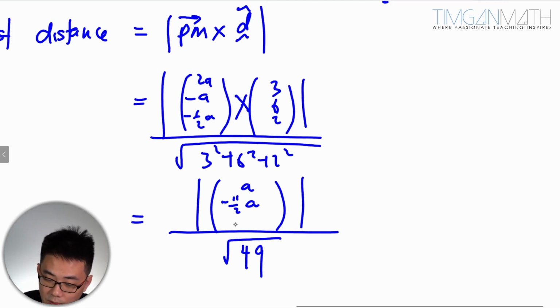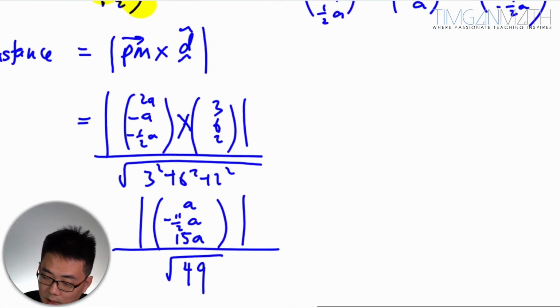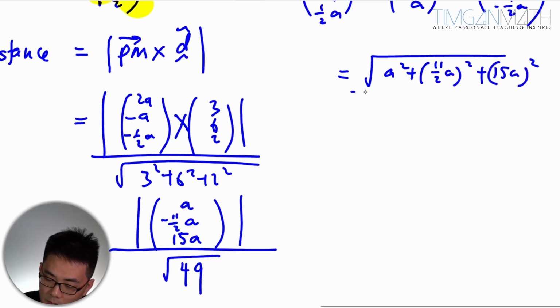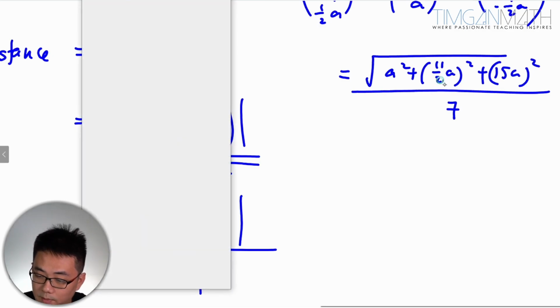You're supposed to know how to do it, so I'm not going to explain this part here. So if you want to take the modulus of this part, this will just be the square root of the squares, plus 11 over 2 A square plus 15A square over 7.